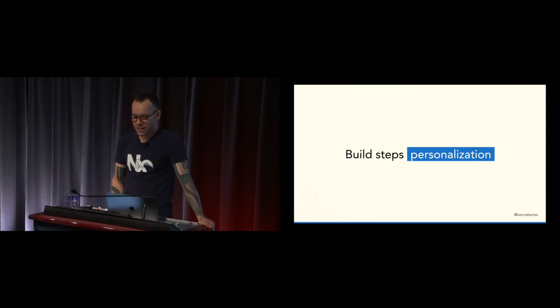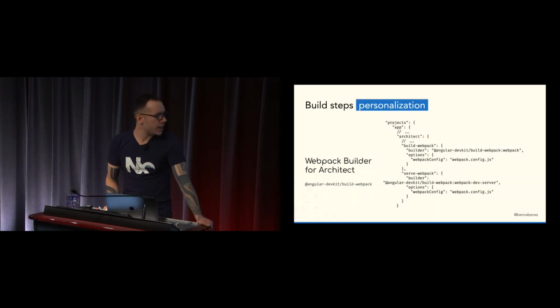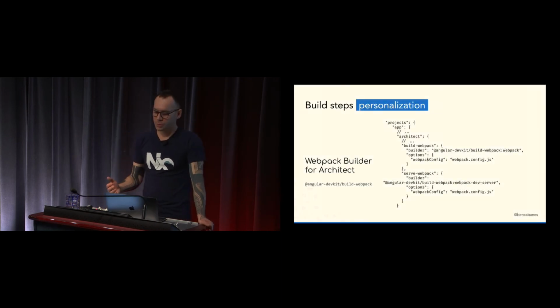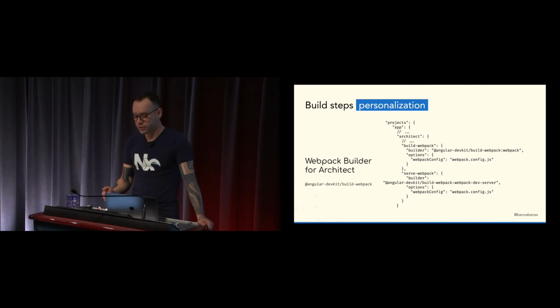By creating a custom builder, we now have the power to manipulate our build process with our own implementation. As an example, there is already a builder available from the Angular team that gives us the ability to write a custom Webpack configuration. So you write your custom Webpack configuration file, and then you use that custom builder from the Angular team to use it.